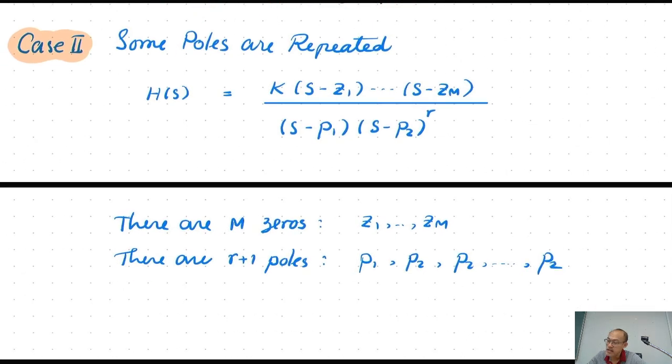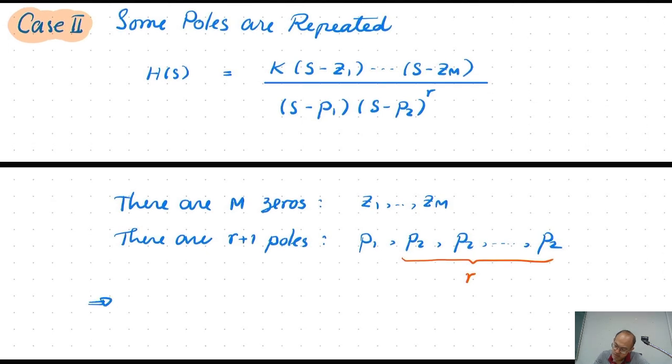Because p2 is repeated, these are our poles, r plus 1 poles. So p2 is repeated r times.